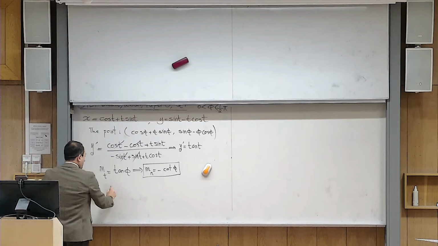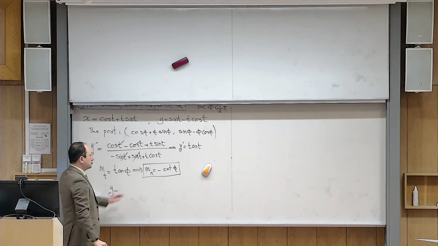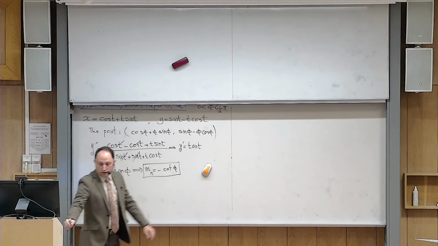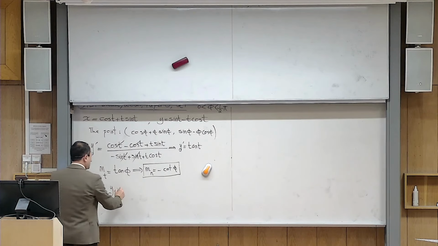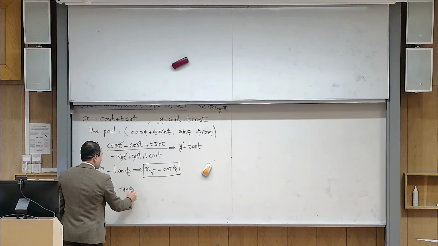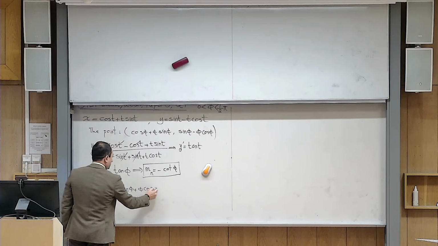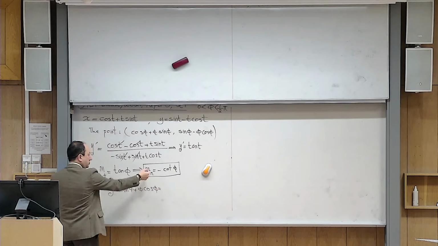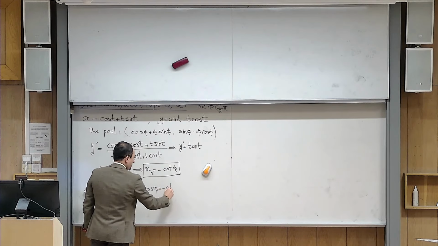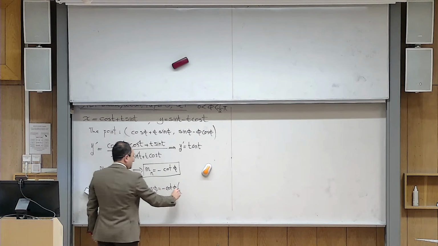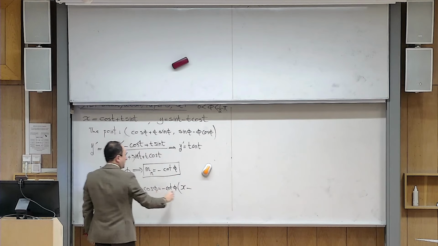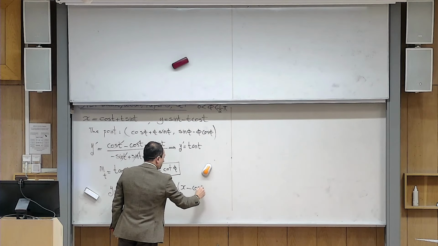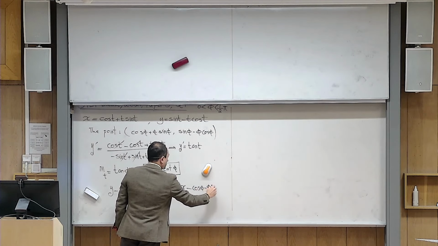Okay, and then I would write the normal equation, the equation for the normal. So this becomes y minus y naught. This will play the role of the y naught here. So I put here, it becomes minus sine phi, but plus phi cosine phi is equal to the slope here, which is minus cotangent of phi, multiplied by x minus x naught. This is by x naught, so it becomes minus cosine phi minus phi sine phi.